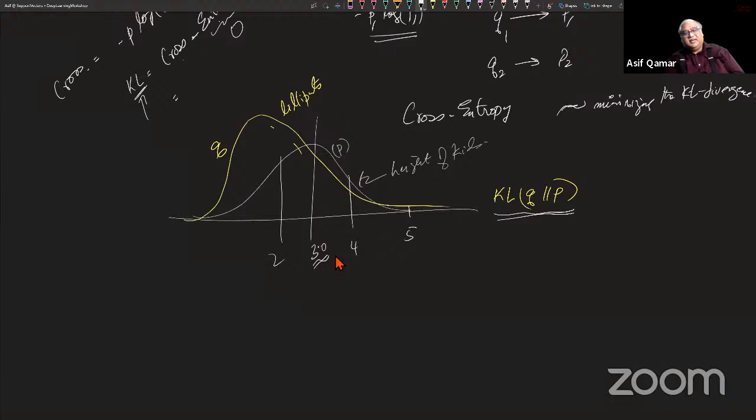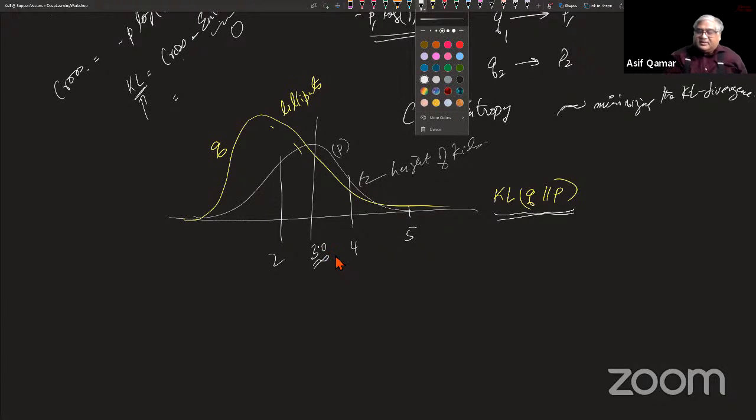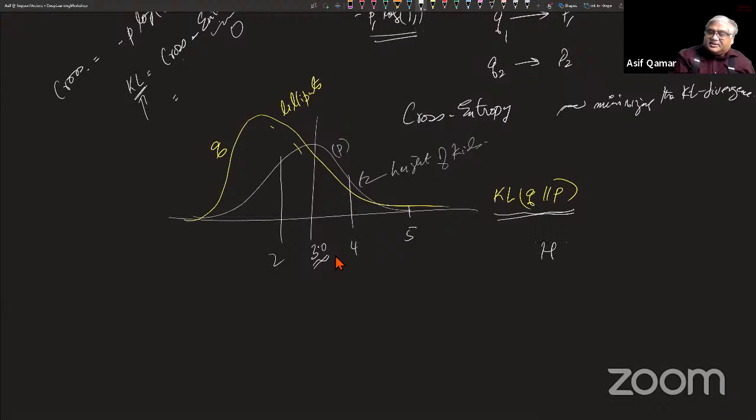Asif asks, here the entropy is calculated based on what is expected, or what you encounter? Remember, Nisarg, I went through quite fast, so let us write it down.